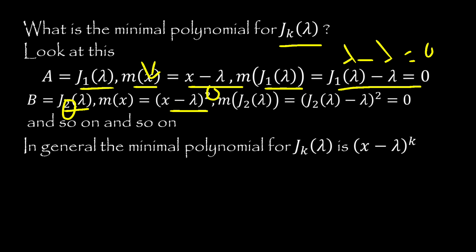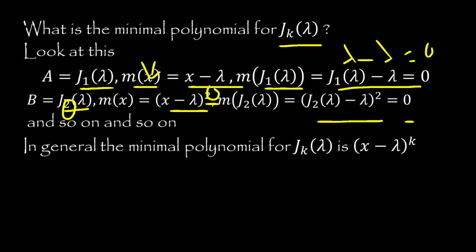If you do the same for J2, you'll find that the 2 is the power of the minimal polynomial. So if it's 2 here, then its minimal polynomial will be x minus lambda to the power 2. If you substitute here, you'll find it also gives you 0.